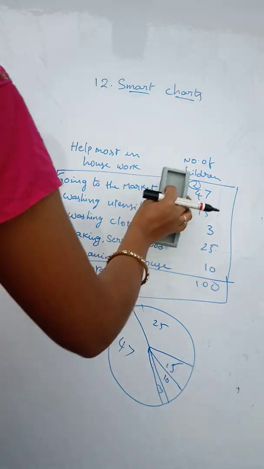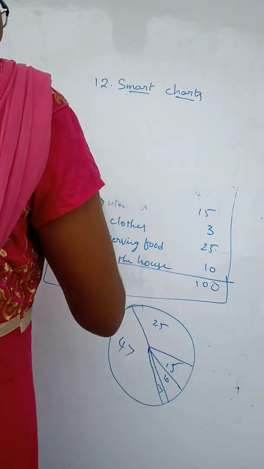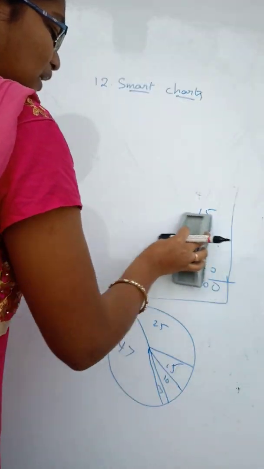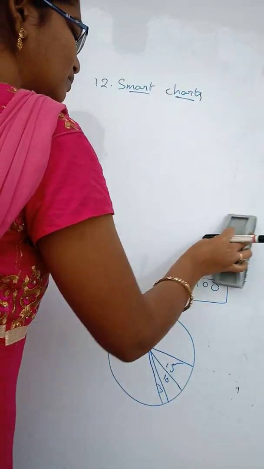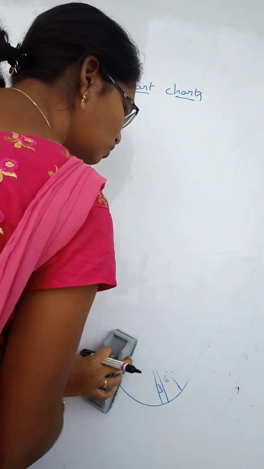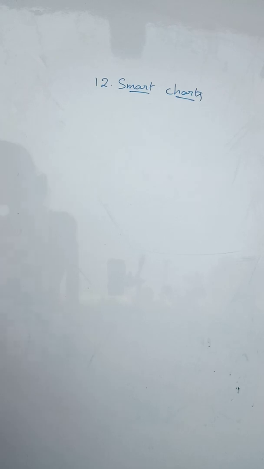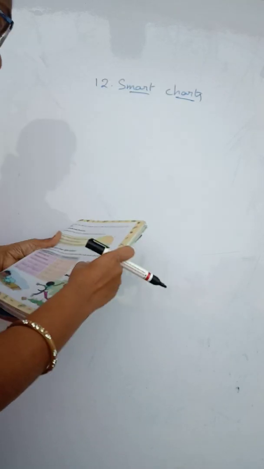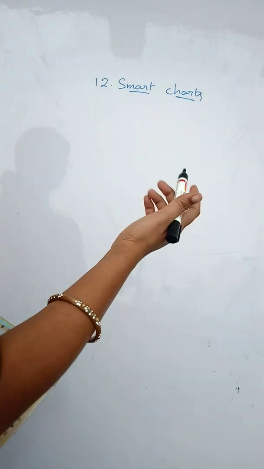Next is a practice activity. After completion of school, how many members are doing their own things, what they like to do after school?